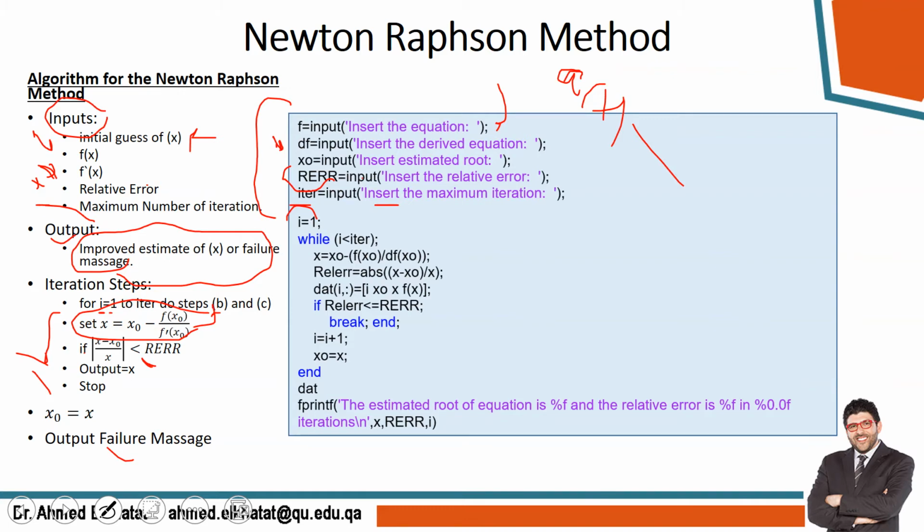Remember that every variable here should be identified before. If you put something here that is not identified before, you will get an error message. Then find the relative error: abs of x minus x naught over x.